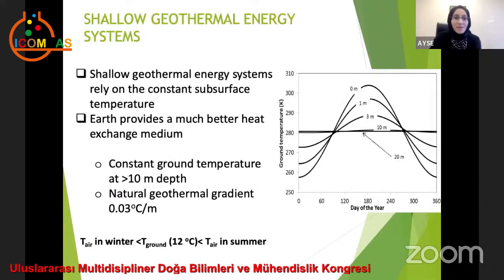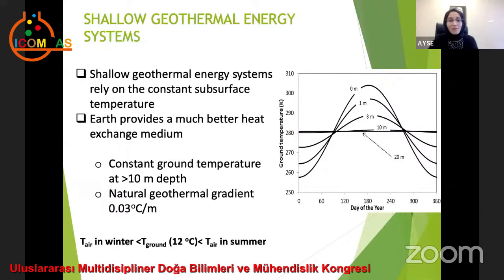Shallow geothermal systems usually use the ground as a heat source and sink. The system relies on a constant subsurface temperature, because the temperature underground is generally and mostly less than the air temperature in summer, and vice versa in winter.